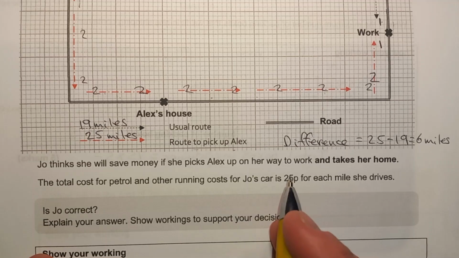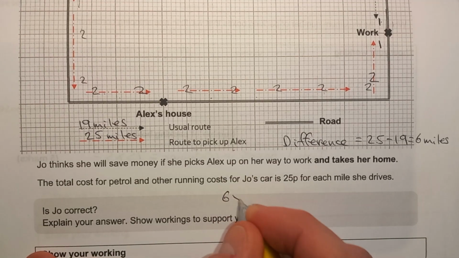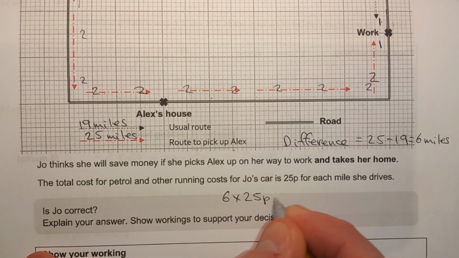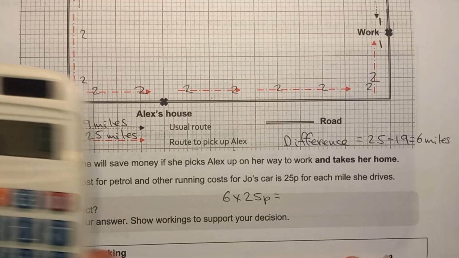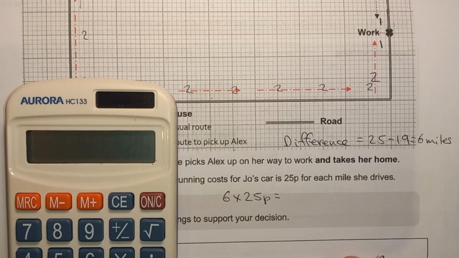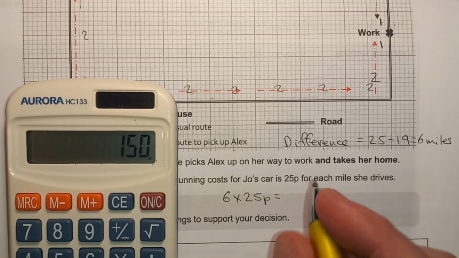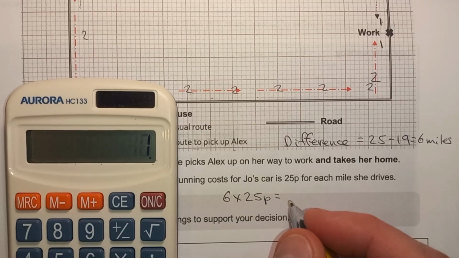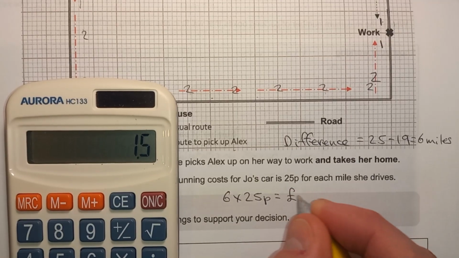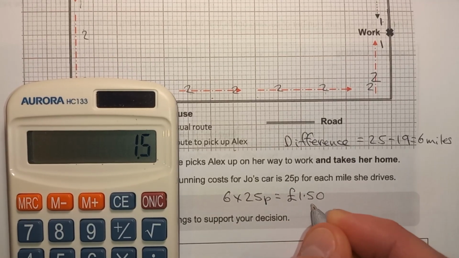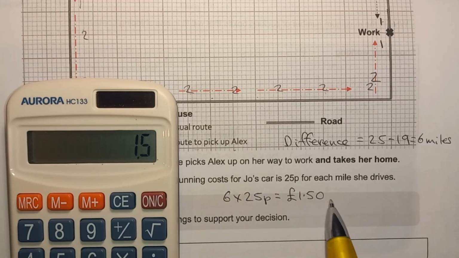Okay, and it's 25p for each mile. So we want 6 times 25p. 6 times 25 is 150p, or divide it by 100, that's £1.50. We need to add the 0 because it's pounds and pence.